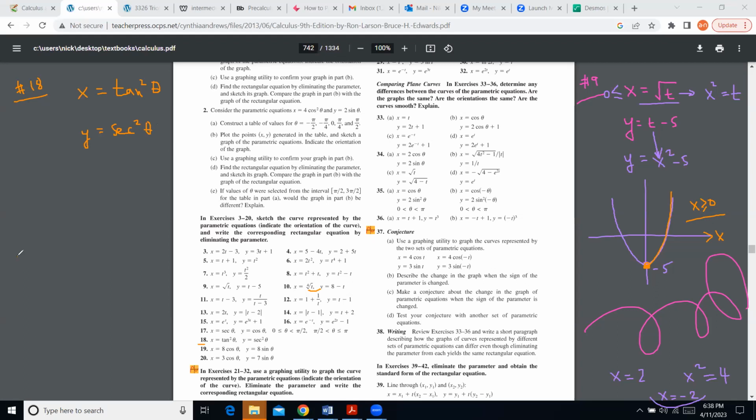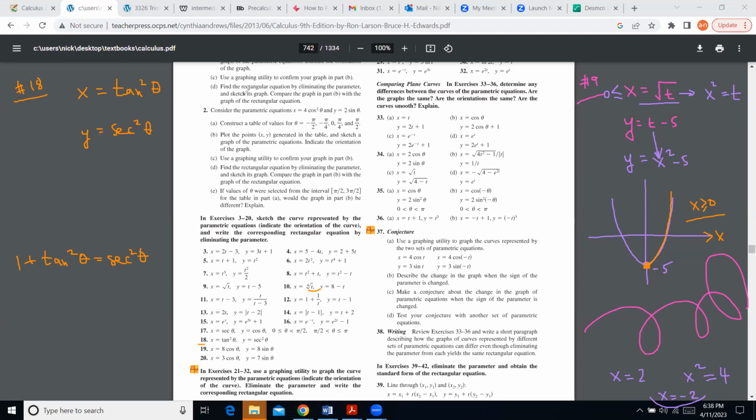And what I can recall is that 1 plus tangent squared is equal to, remember, secant squared. The Pythagorean identity that I can actually utilize in here.